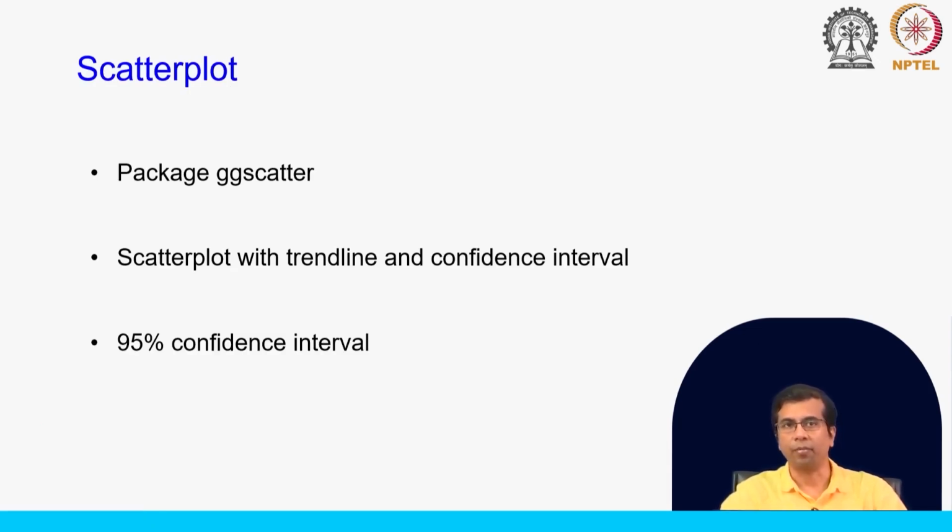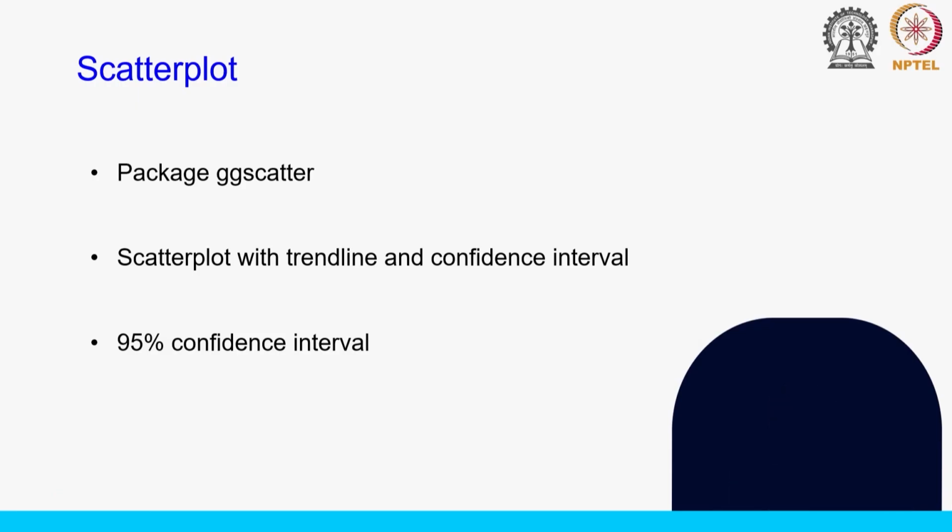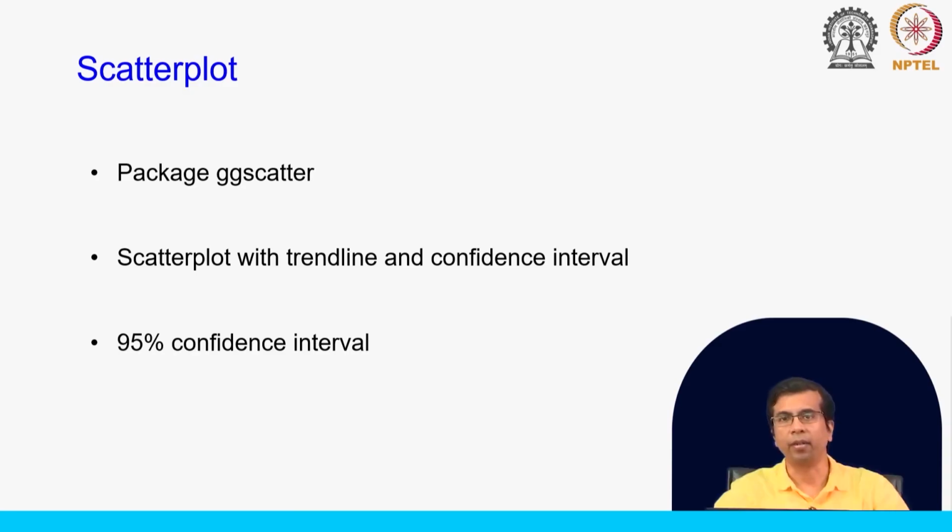So, how to make a scatter plot with this package, and what we get here is a scatter plot with a trend line as well as a confidence interval. Most of the time, the confidence interval that we get is a 95% confidence interval. We can change this, we can also make a 99% confidence interval, but the tradition is to make a 95% confidence interval.